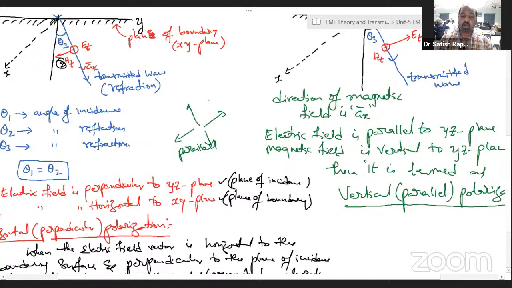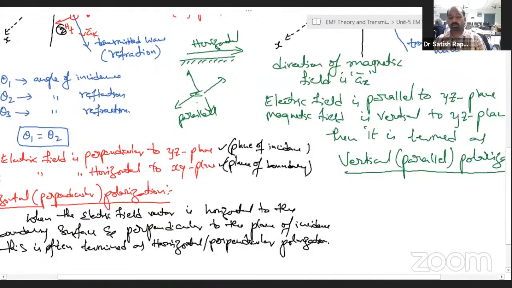So this is parallel. Horizontal in the sense this one, this is horizontal, right? Horizontal to the boundary. So this is the boundary. If this is the boundary, this is horizontal, horizontal to the boundary, right?